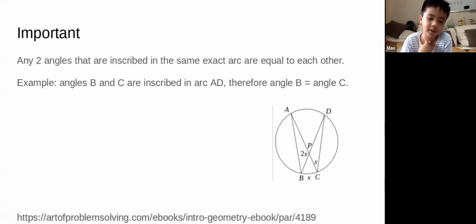Because any 2 angles that are inscribed in the same exact arc are equal to each other, that means angle B and angle C are inscribed on arc AD. Therefore, angle B equals angle C.